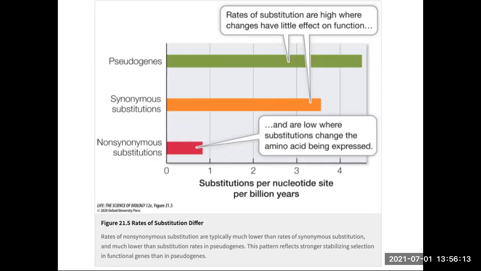And overall, you see more changes in general. And then if you compare that to synonymous substitutions and non-synonymous substitutions in a gene that is being used in the organism's lifetime, you see that synonymous substitutions are higher, they're more common than non-synonymous substitutions.